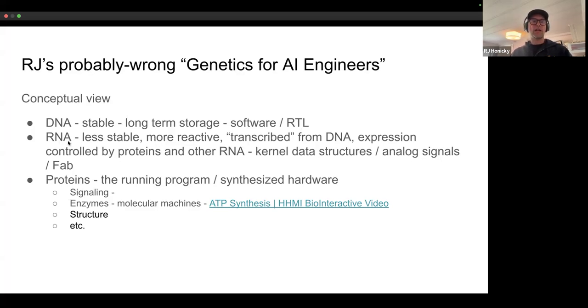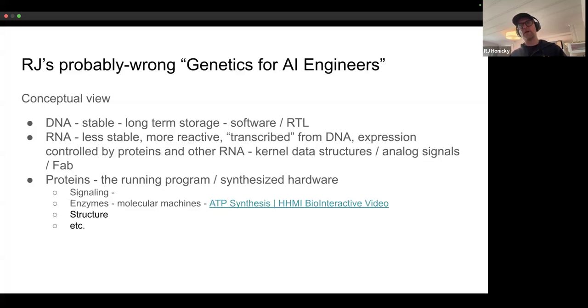And then RNA is very similar to DNA, but less stable and more reactive, and it gets duplicated from DNA. One important thing about it is that it gets repeatedly copied, so the amount of expression of the genes in RNA impacts the behavior of the cell.